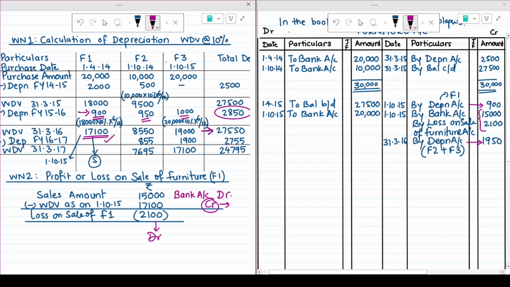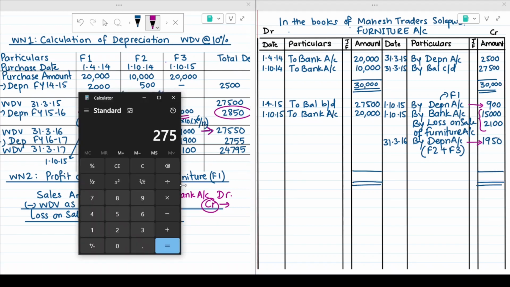Depreciation account was closed. Here we have to close the furniture account also. Let's close the furniture account. 27,500 plus 20,000 is 47,500. 47,500 minus 900 minus 15,000 minus 2100 minus 1950.